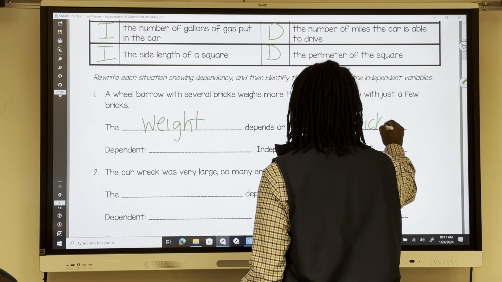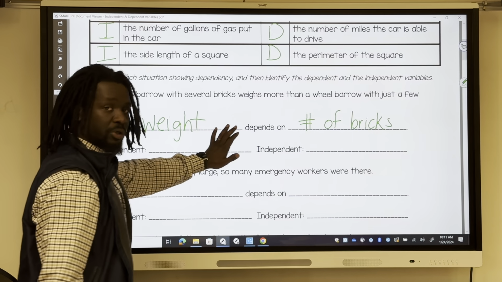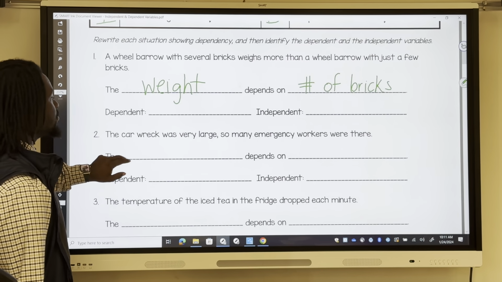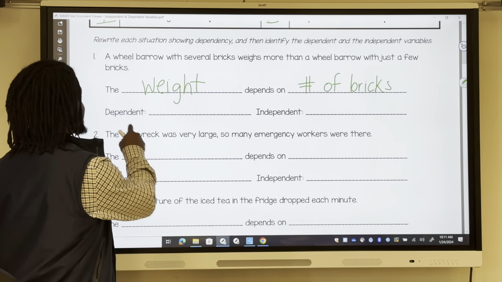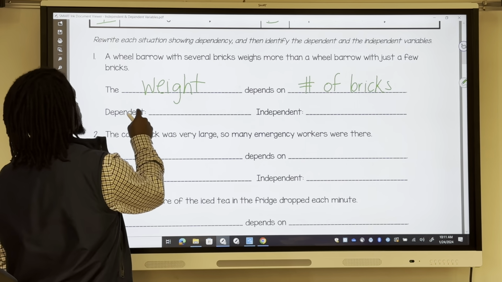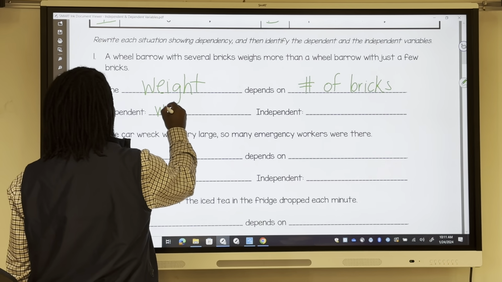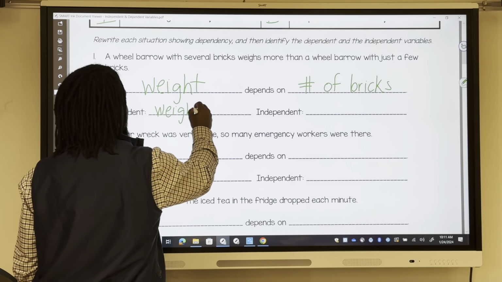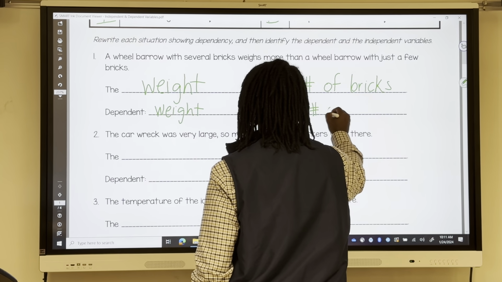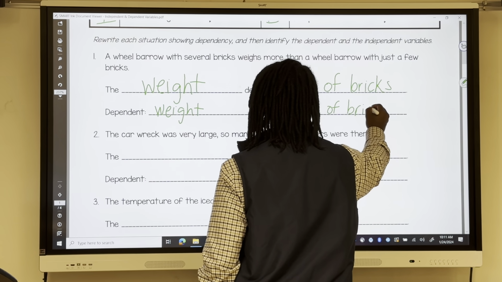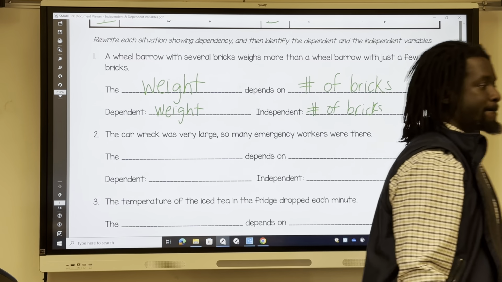The weight of the wheelbarrow depends on how many bricks you have. So the dependent variable is the weight, how much weight is caused by the number of bricks that you have in the wheelbarrow.